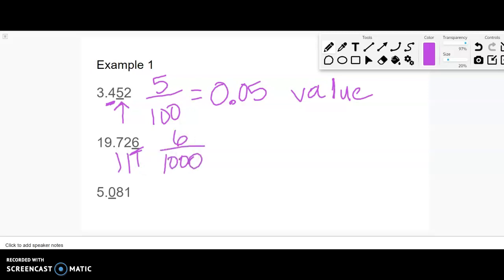Yes, we can put thousand on as our denominator, or we can write 6 thousandths. That is its value. Now this one here is 0 tenths. So technically its value is just 0. Or we could write 0.0. All different ways to write that.